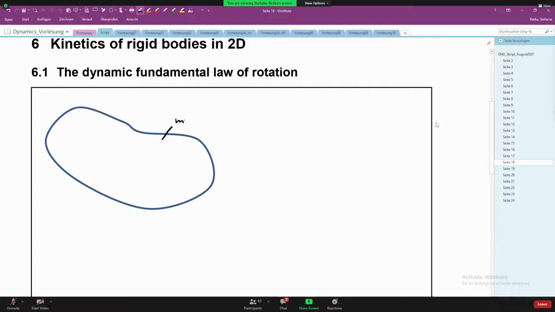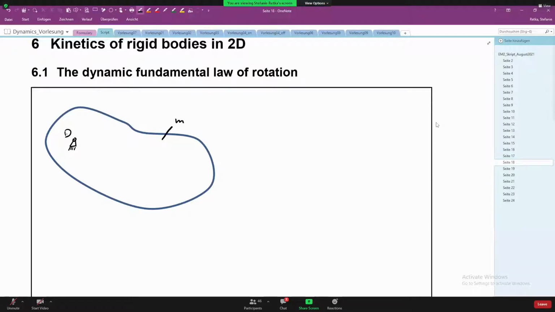And now we want to assume a rotation of this body with respect to, for example, this point right here. Let's call it D.